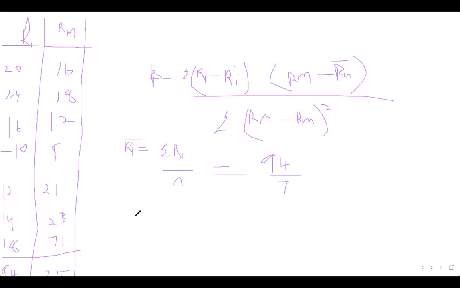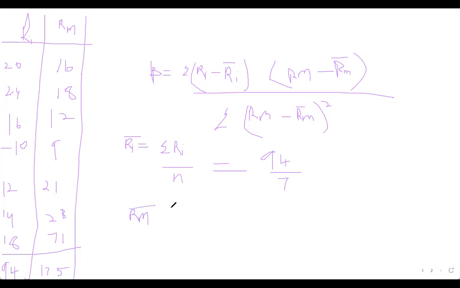Okay. Then Rm bar, next one we will do in Excel sheet, is equal to 175 divided by 7. Okay.